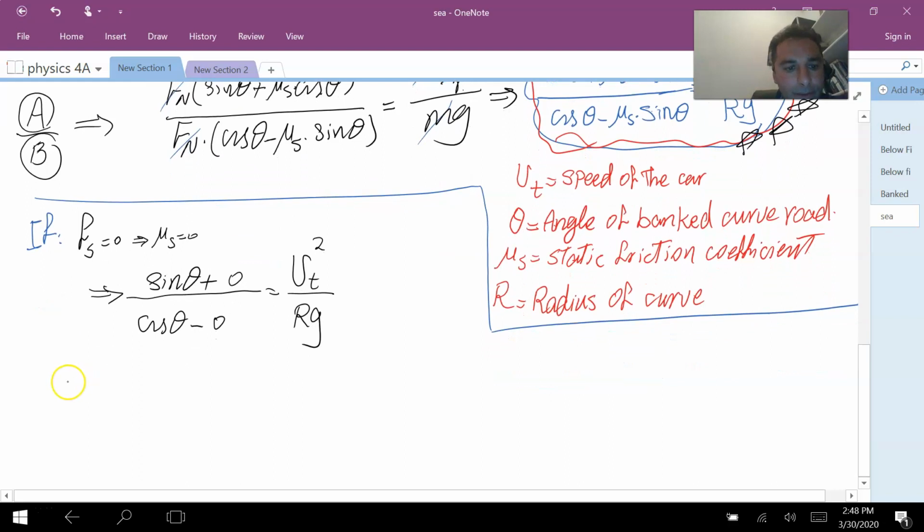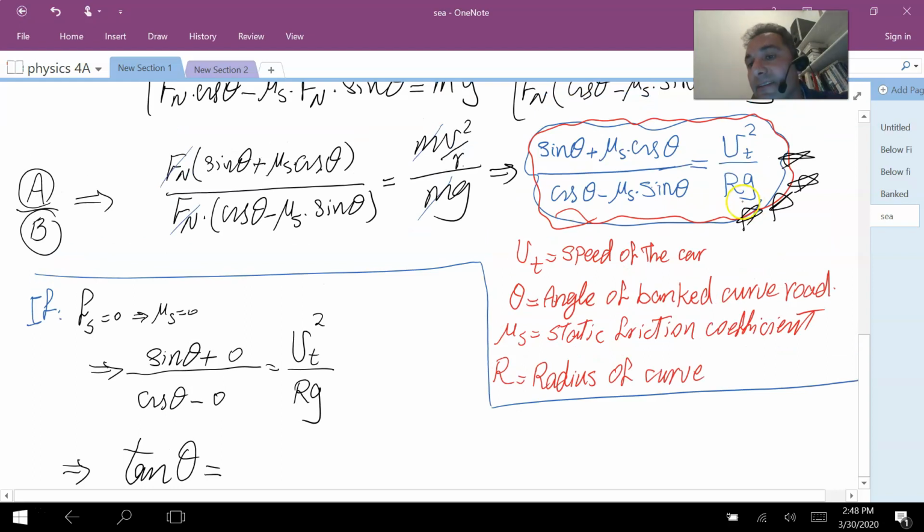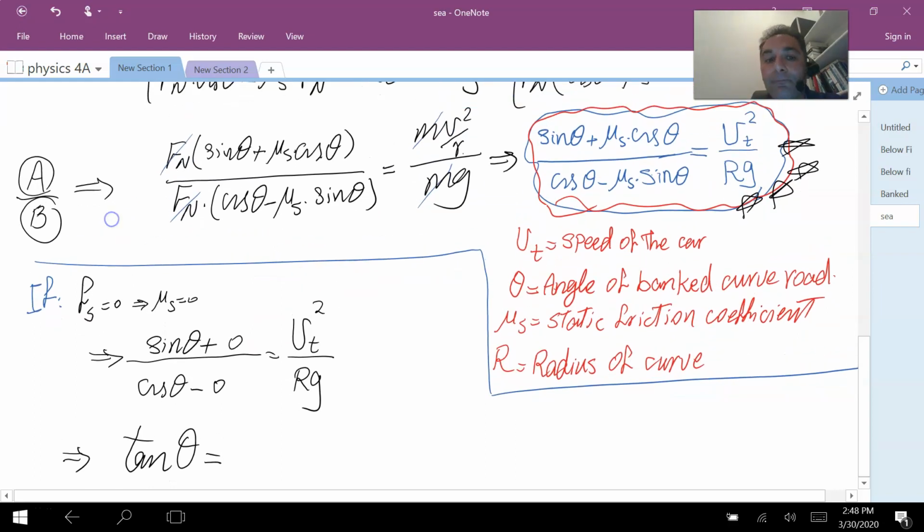So here, what I am going to have is a very important equation, tangent theta, which comes from this. I'm not going to say this is the most important. No, this is the reality. This is the real world, because I cannot say friction is 0. Of course, friction is not 0, but let's investigate the critical condition.